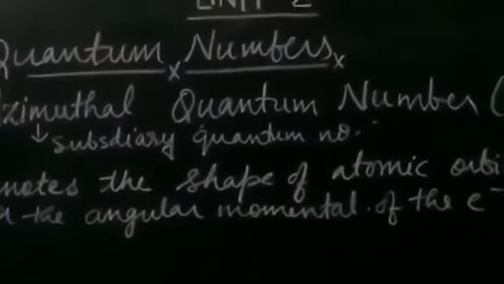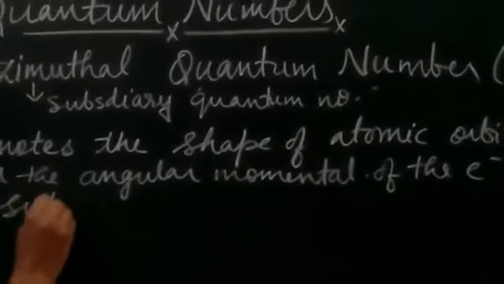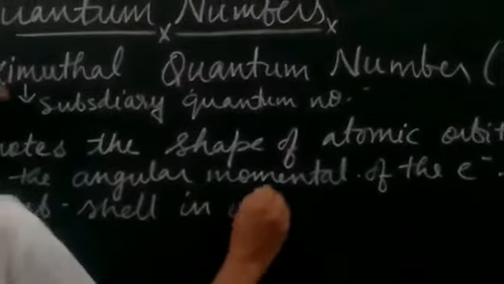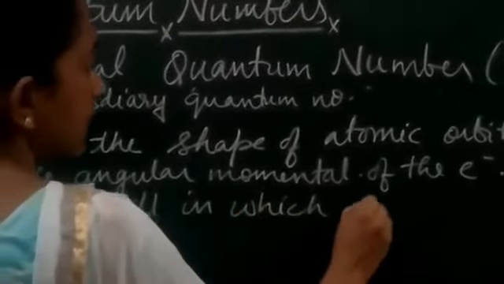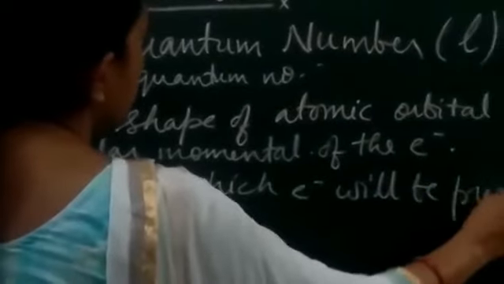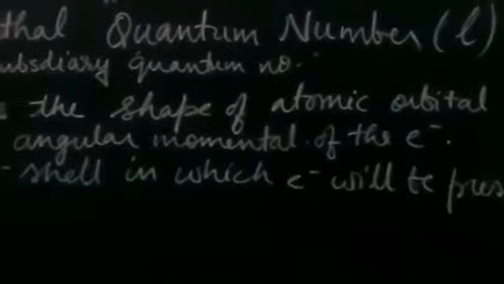It also indicates the subshell in which the electron will be present. So this information is given by the azimuthal quantum number.